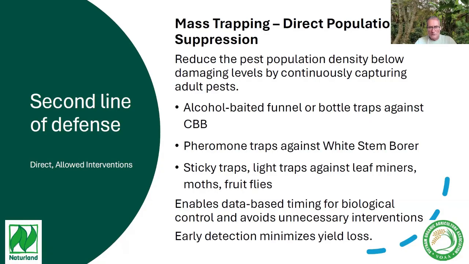We may look at this a bit more in some minutes to come. Pheromone traps against white stem borer, or sticky traps and light traps against leaf miners in coffee, moths and fruit flies. So all of this is possible.